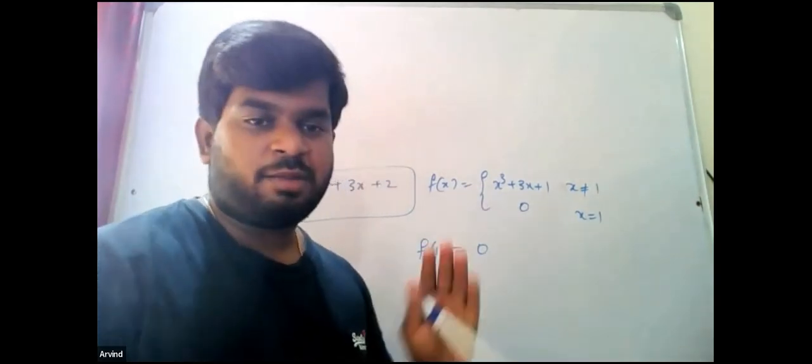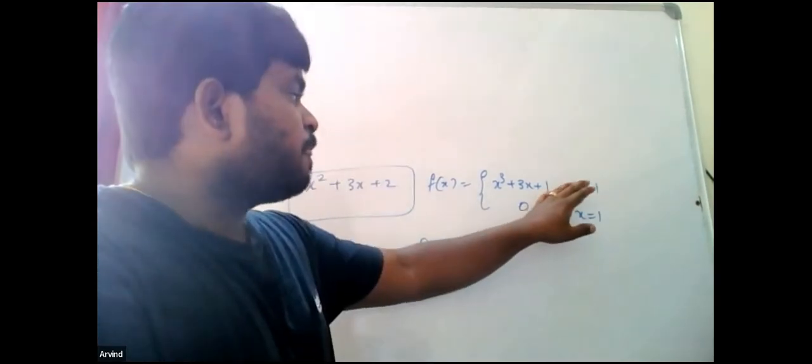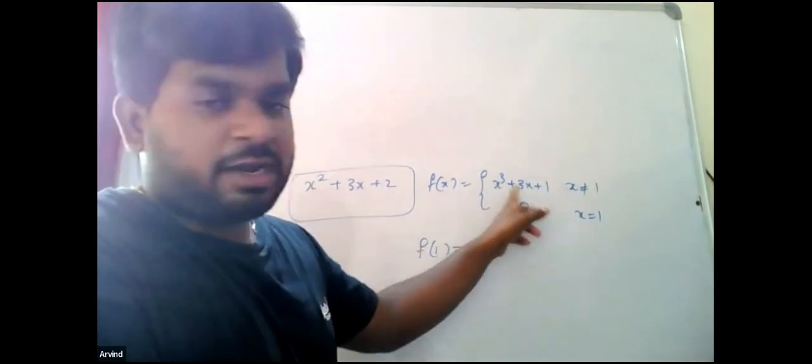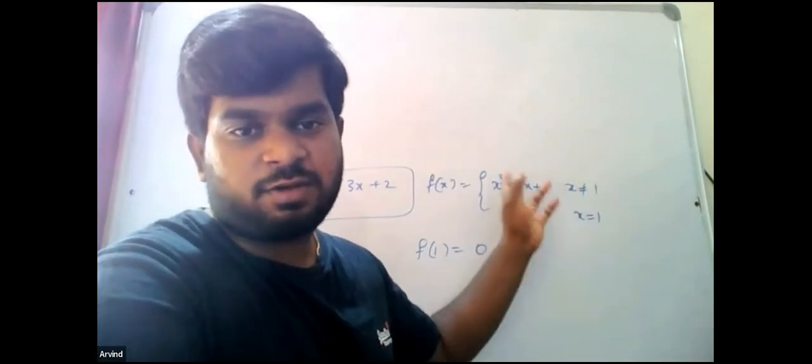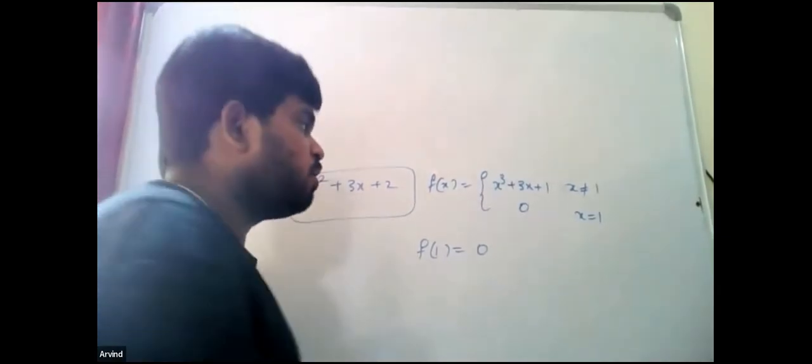You don't need to find LHL and RHL. This is a polynomial function, it is continuous everywhere. Therefore, it is continuous. Directly you can do it like that.